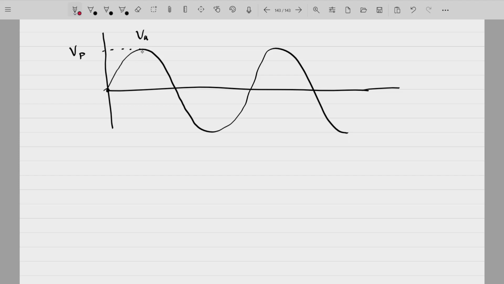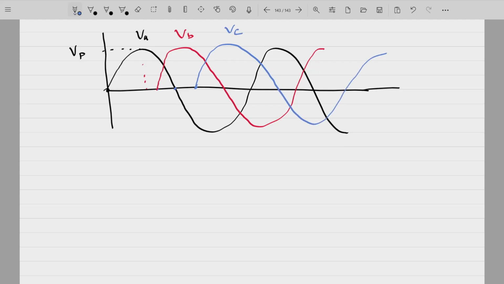So VB will start somewhere around 120 degrees, so VB will be this, and VC will be starting somewhere around 240 degrees, somewhere here, so it will start from here. So these will be the sinusoids.